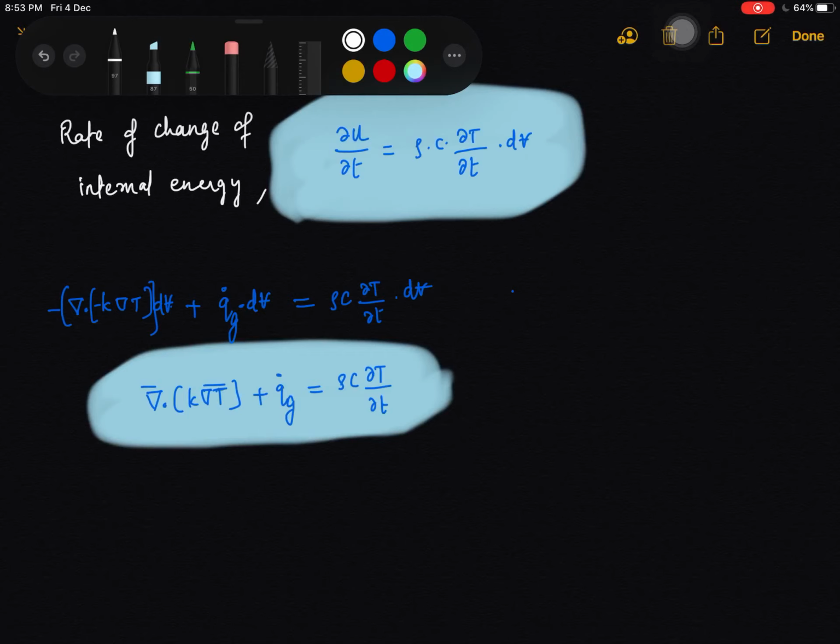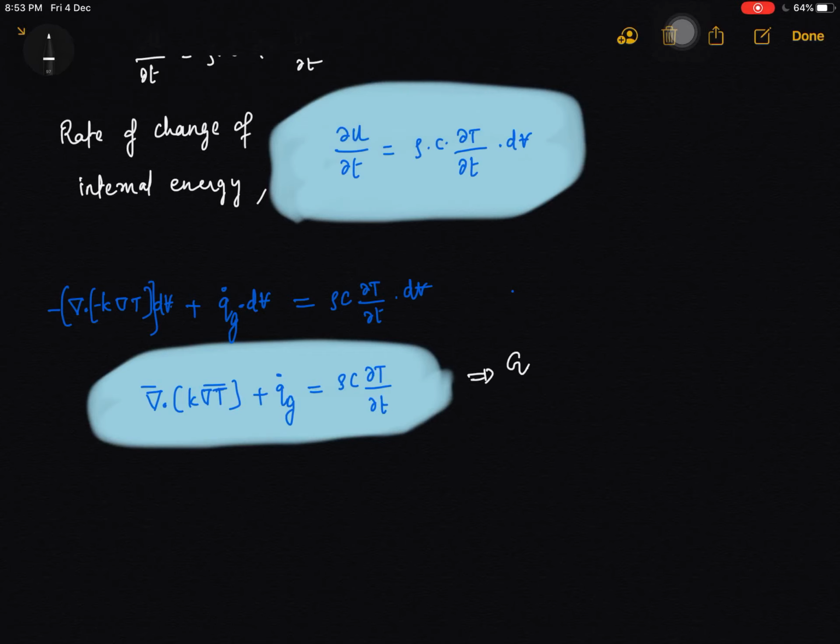So please note, this is the most general form of heat conduction equation.